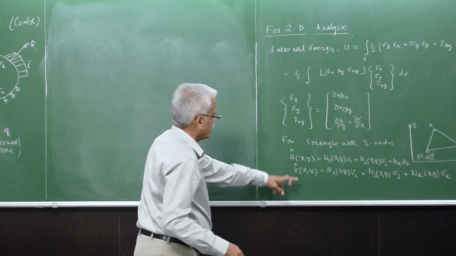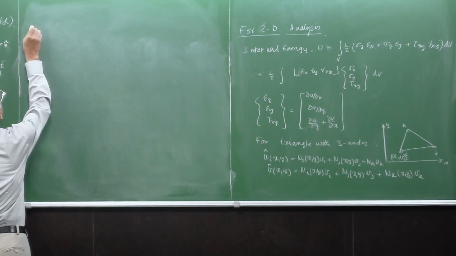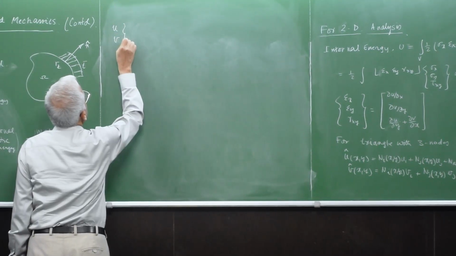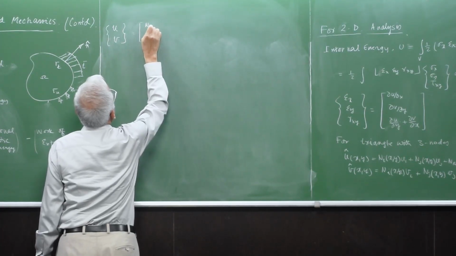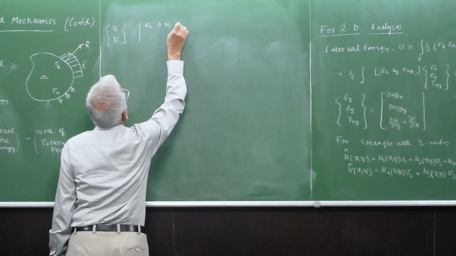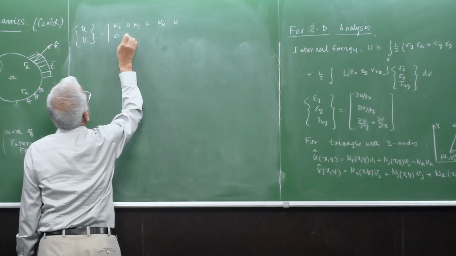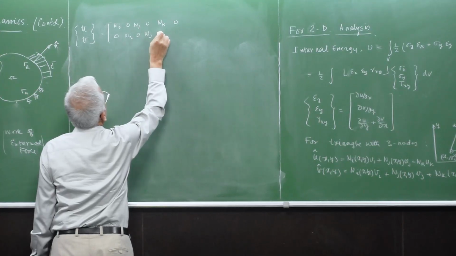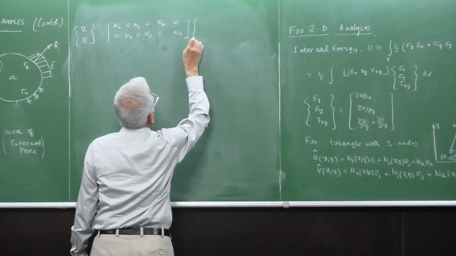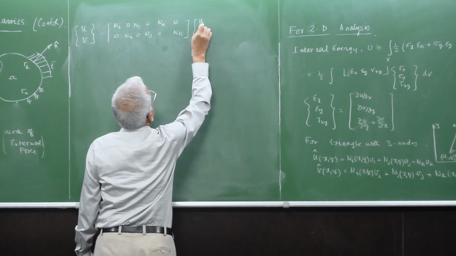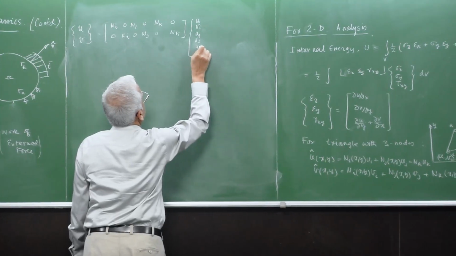So here this u and v can be written in the matrix form as N_i 0, N_j 0, N_k 0, and multiplying u_i, v_i, u_j, v_j, u_k, v_k.